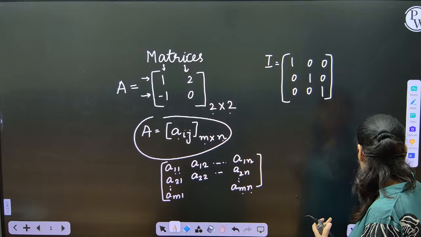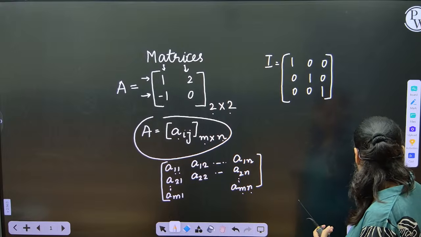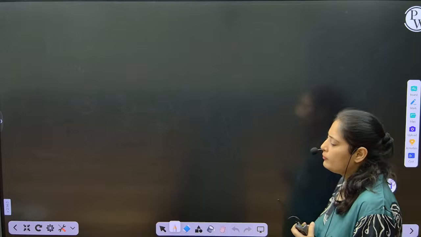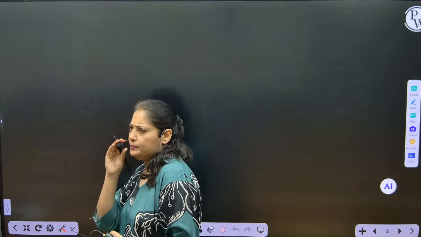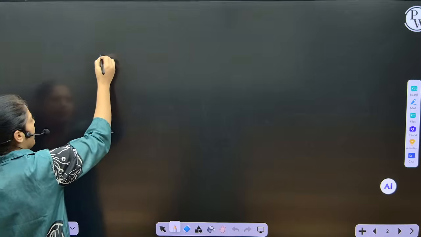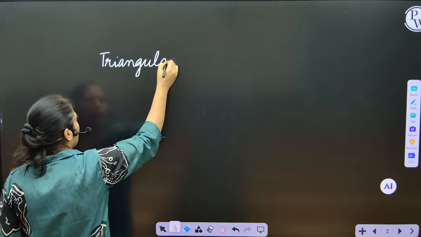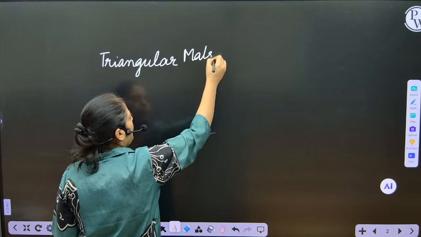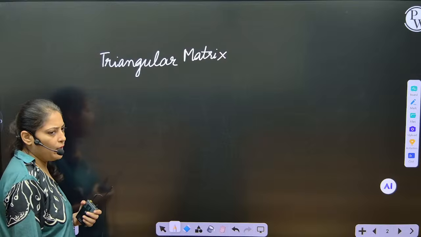So next, now next. Today I am going to do one more type of matrix, that is known as either upper triangular matrix or lower triangular matrix.